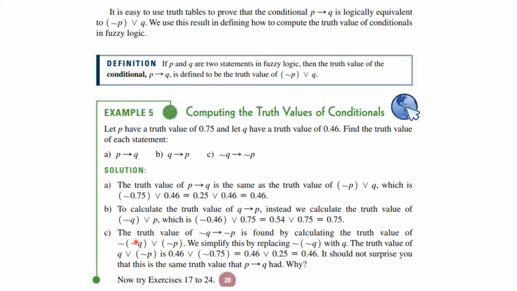But here we just do the calculation: the negation of the negation of Q is just Q, and the negation of 0.75 is 0.25. So we're looking at 0.46 or 0.25, and that's 0.46. Again, the same answer as before.